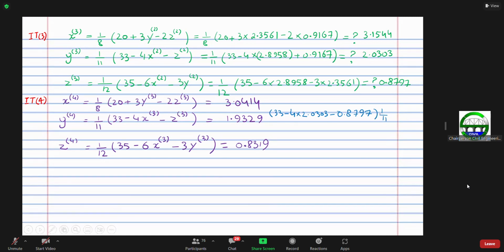So where is my calculator? I will calculate. 33 minus 4 into 2.0303 minus 0.8797, and bracket close.